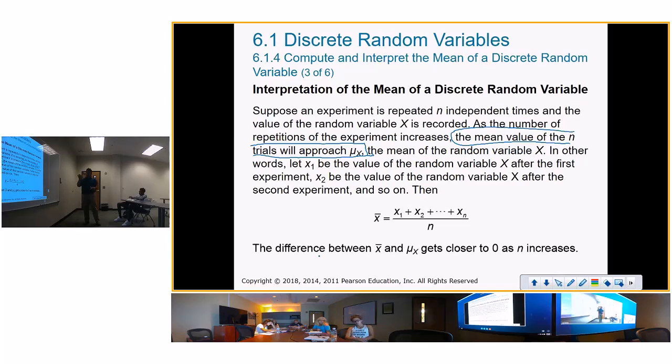The mean value of the n trials will approach the population mean that you calculate, or the difference between the sample mean and the population mean gets closer as n increases.